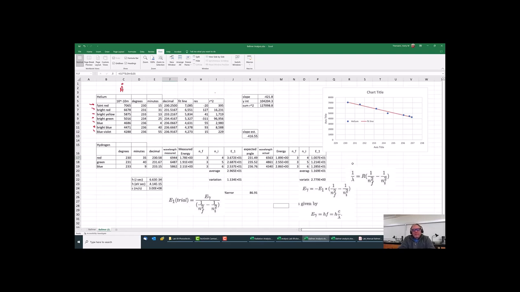But at the end of the day, this is what we're aiming for. So this is, I took the wavelength, the actual wavelength, plugged it into the hc over lambda. Again, get the energy, and these are in electron volts.